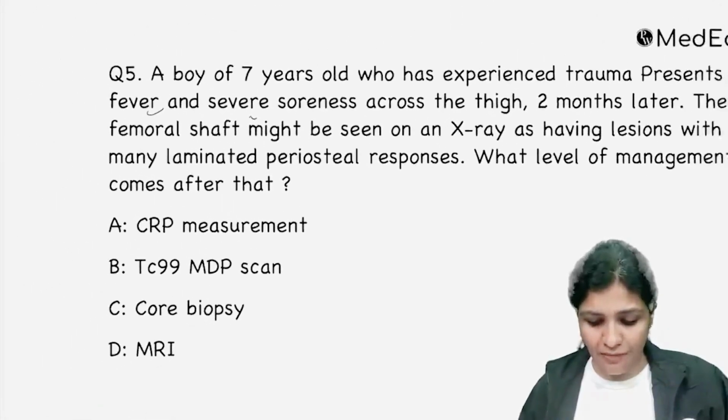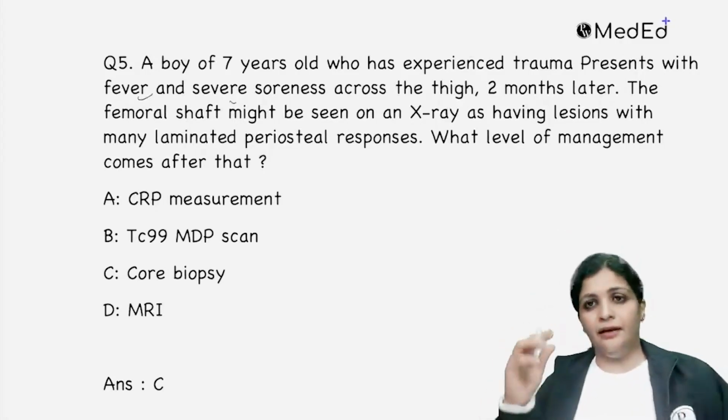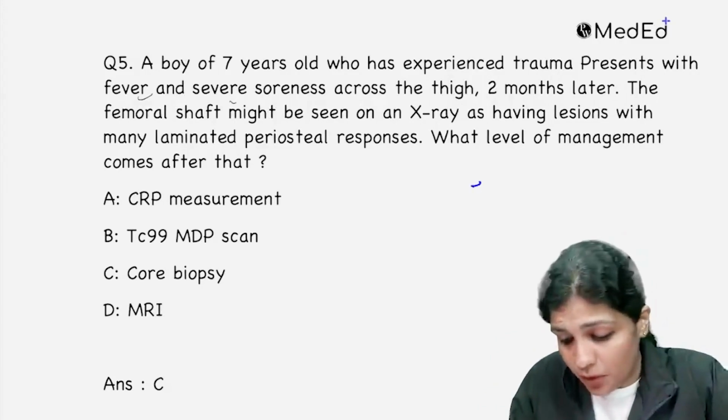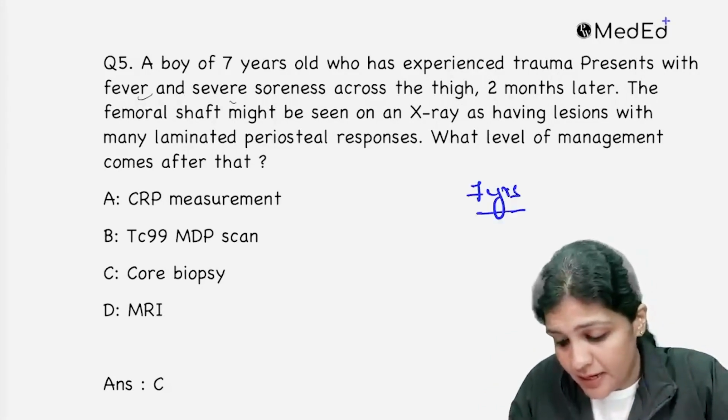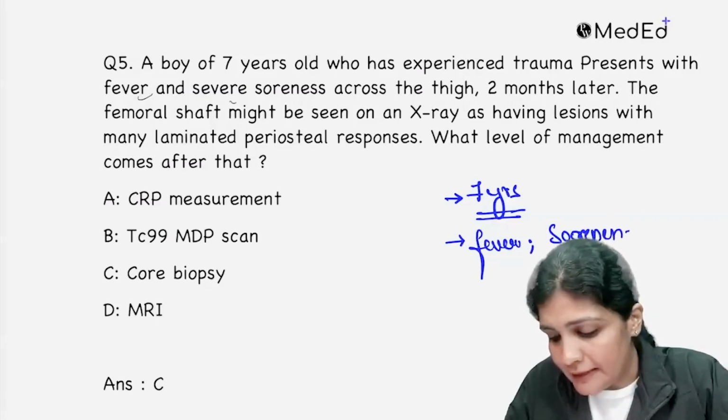So here the answer is evident for you, but put your clinical thinking into it. Here the age of the boy is 7 years, right? And the one clue which we have here is the patient is having fever and soreness, that is nothing but pain in the thigh.